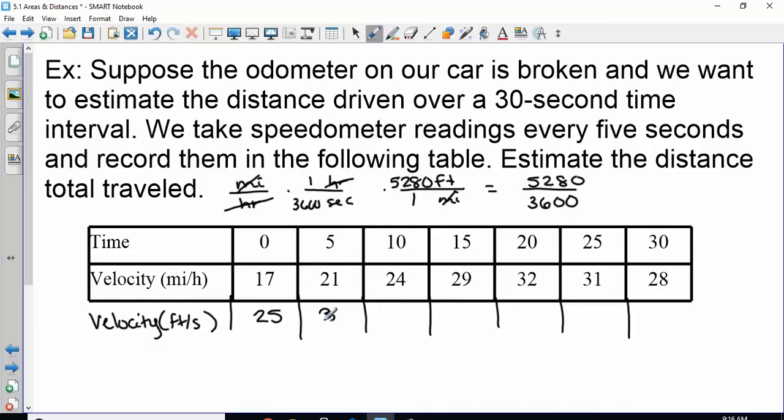Next one is 30.8, so we'll round it to 31. 35.2, so we'll go to 35. 42.5, so 43. 46.9, so 47. 45.4, so 45.